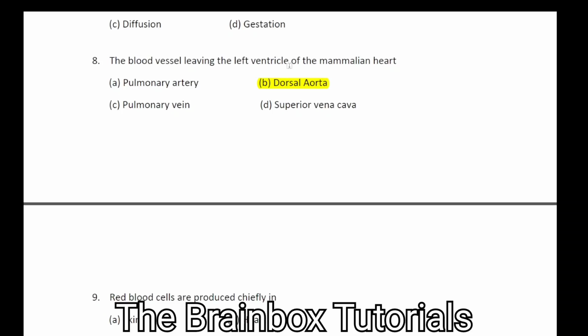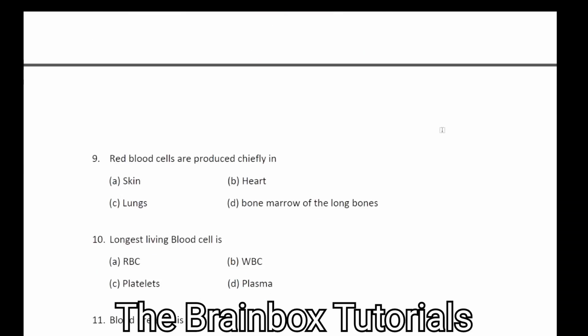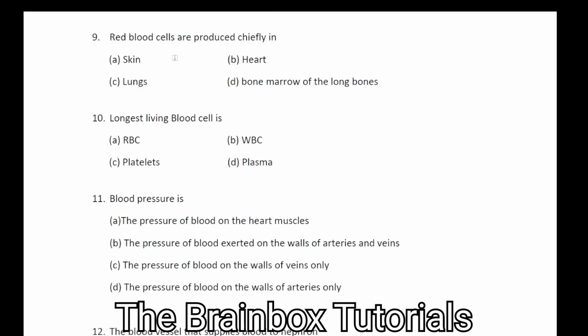So dorsal aorta carries it. Number 9. Red blood cells are produced chiefly in A skin, B heart, C lungs and D bone marrow of the long bones. And the correct option is D bone marrow of the long bones. Red blood cells are chiefly produced here. Otherwise red blood cells are also produced in liver and spleen.